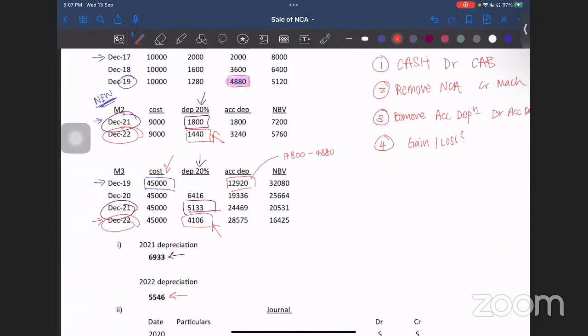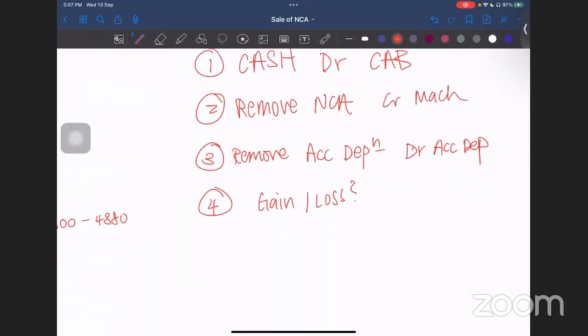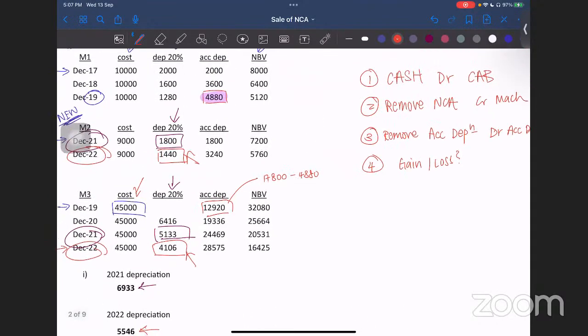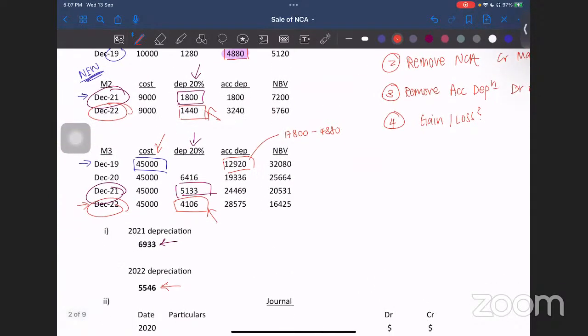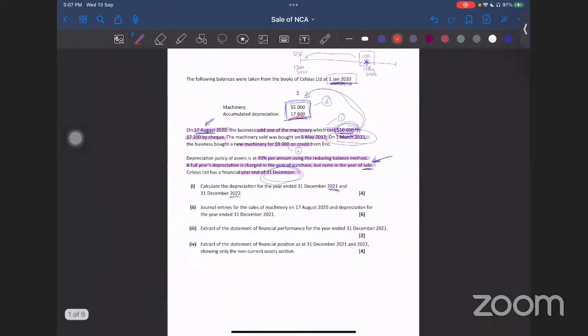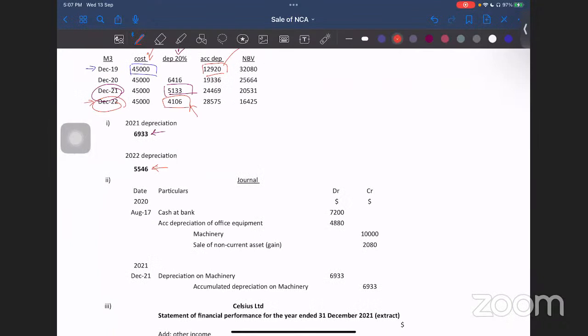Okay, so to do the journal, I think I can just do it here first. First step, debit cash at bank. The one that I sold, I actually received 7,200. So you can see that over here, I debit cash at bank 7,200.